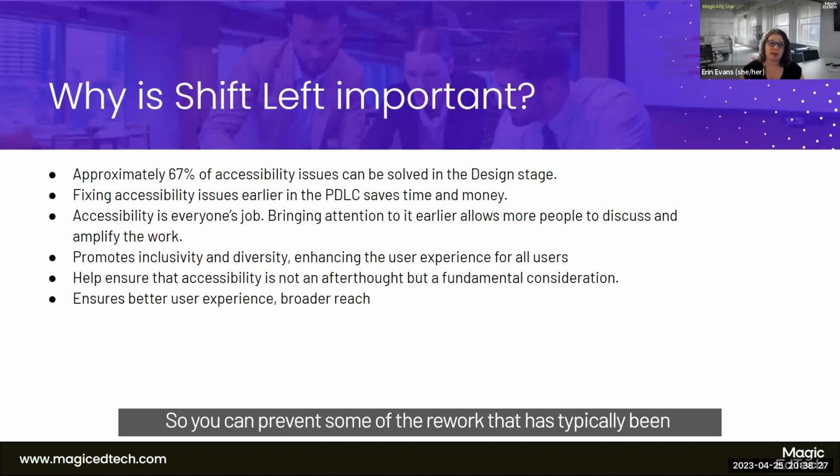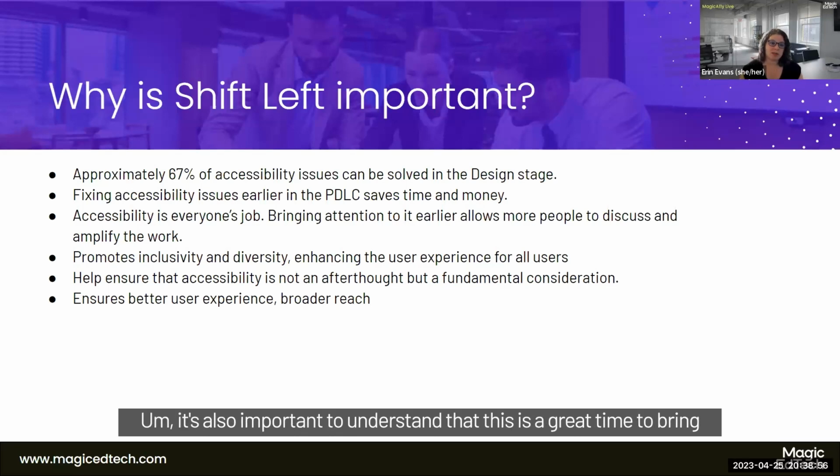So you can prevent some of the rework that has typically been happening by looking at your designs before you implement the build to make sure your colors are correct, your headers are labeled, and other issues that typically come up. We'll talk again more about those as we move forward. If you do the work earlier in the phase, you'll be able to reduce the amount of rework that's coming.